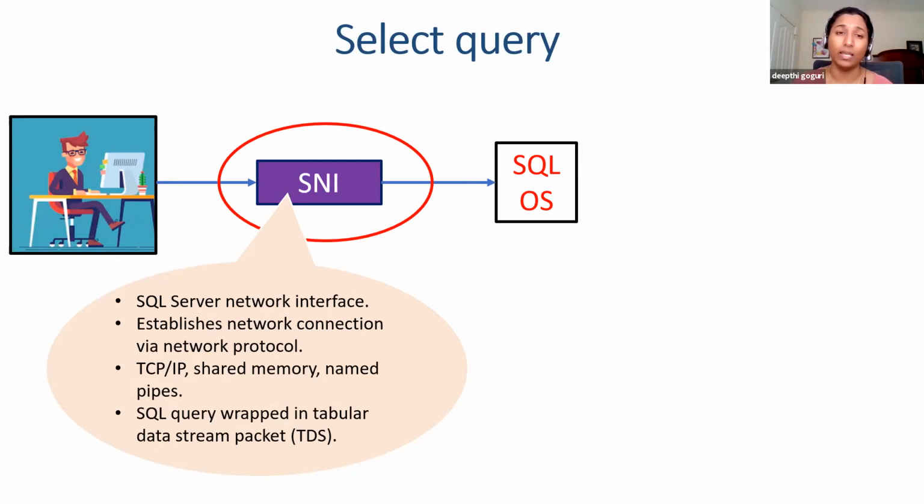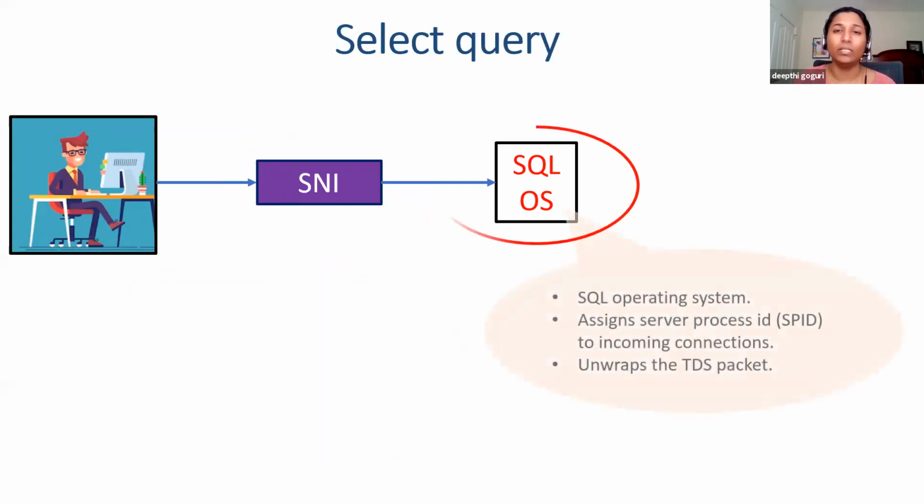So once the SNI secures the network connection, the query that the user is sending is wrapped inside a tabular data stream packet, which is also known as TDS packet. This particular TDS packet is given to the SQL operating system by SNI.